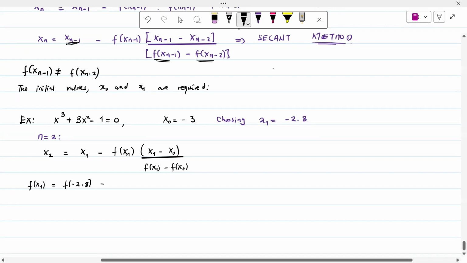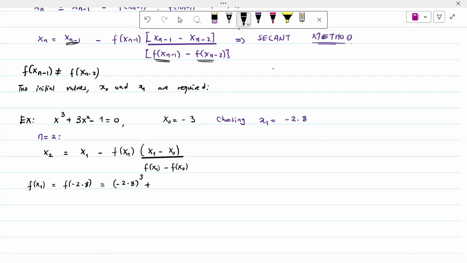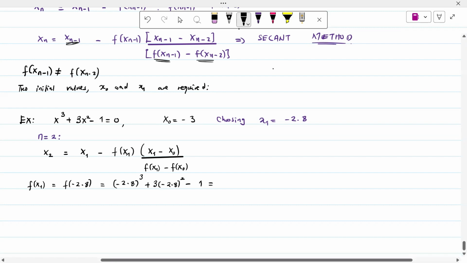Let's hurry up and find what is f of negative 2.8. This is negative 2.8. I hope you have already grabbed your calculators. Let's see, how much is that?